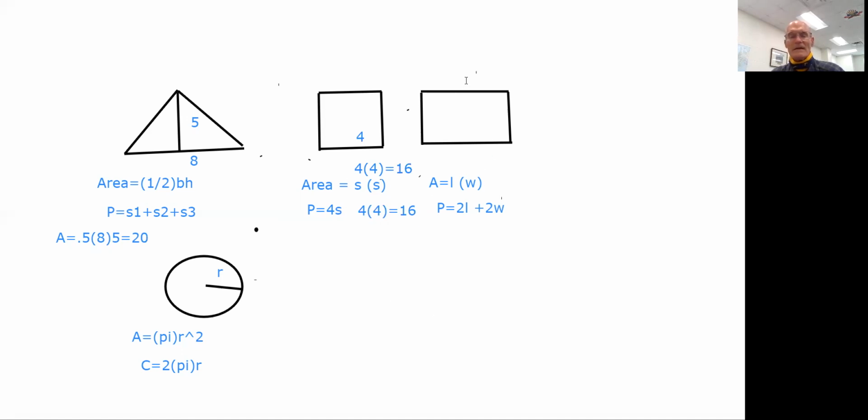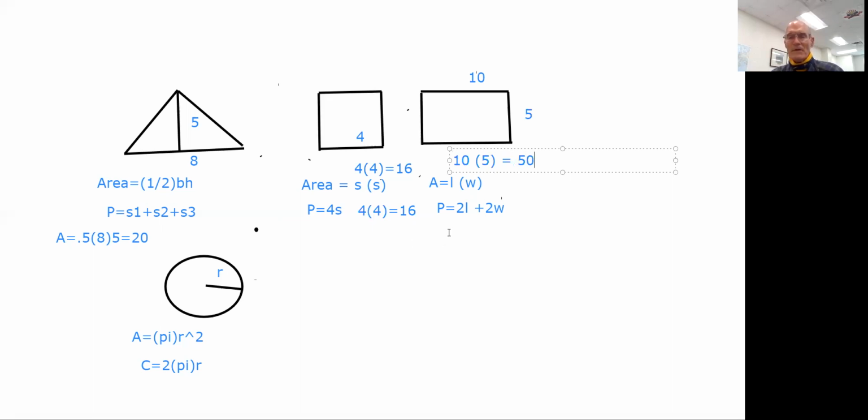Now over here, let's say the length of the rectangle is 10, and the height here is 5. So if we do the length times the width, the area equals 10 times 5, which is equal to 50.